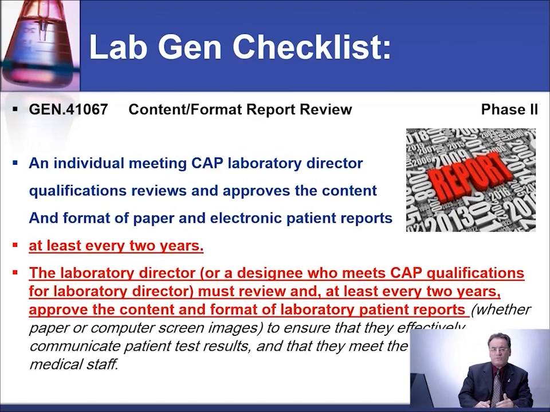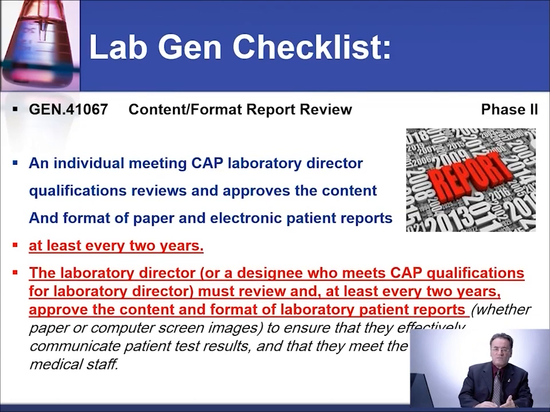So you get the printout from the instrument. If it's a manual test and you have a worksheet, you get a copy of that worksheet. You go to the computer for that particular patient. You print it from the computer. You match the printout from the computer with the printout from the instrument. Make sure the results are the same. Okay.